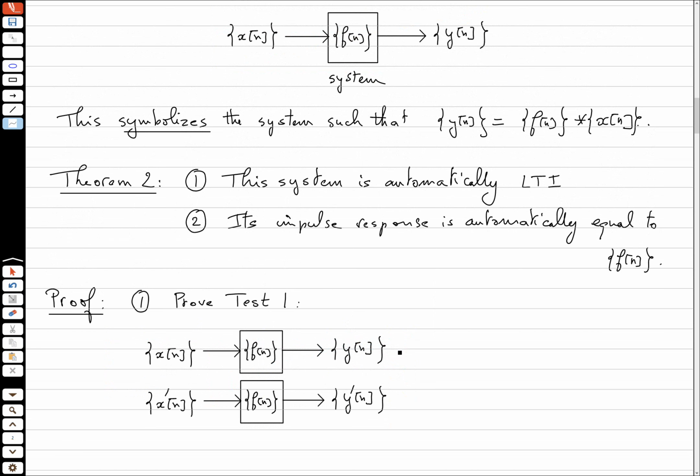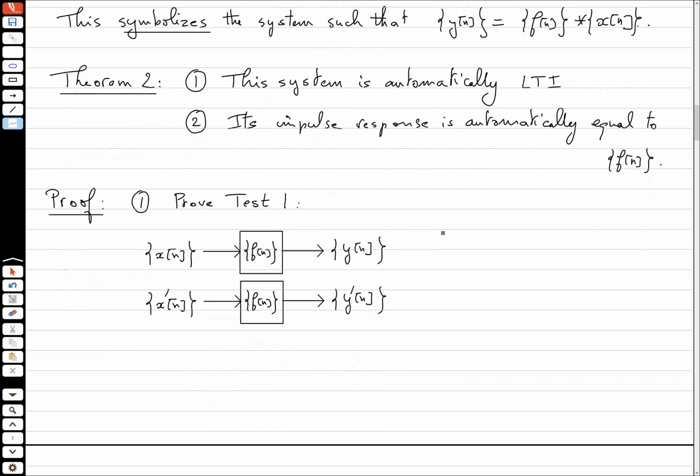Now, and then you take, I'm sorry, here I'm already trying to prove linearity, but let's start with time invariance first. All right, so let's start to prove time invariance.